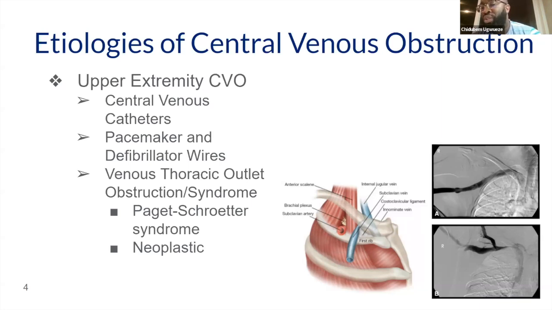The reason why we don't do angioplasty and stent as a first line is because angioplasty, even angioplasty alone in this location, can cause inflammation and lead to worsening of the impingement. And stenting, of course, will be very difficult.